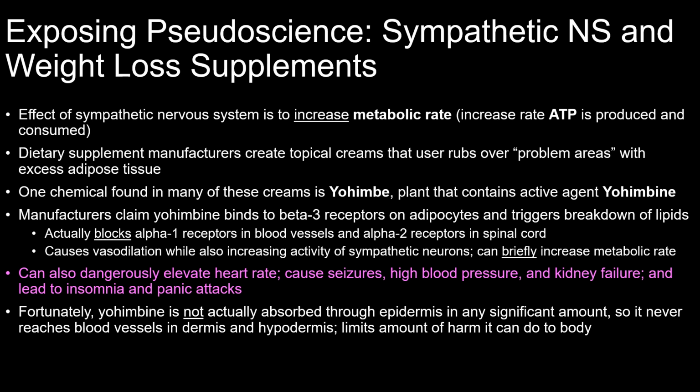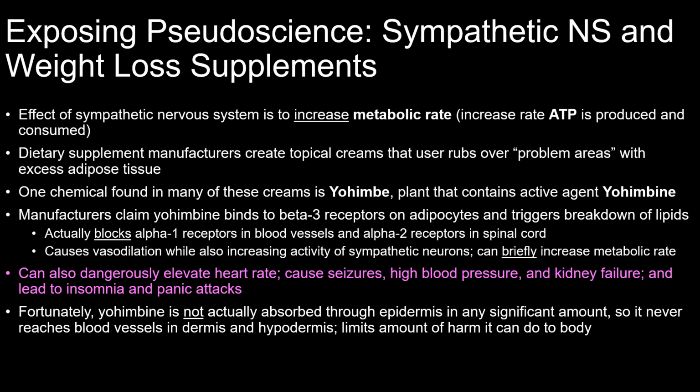At best, this is a misleading statement because yohimbine actually blocks alpha-1 receptors in blood vessels and alpha-2 receptors in the spinal cord. So it has a dual effect. It causes vasodilation while also increasing the activity of the sympathetic neurons. This higher sympathetic activity can briefly increase metabolic rate.